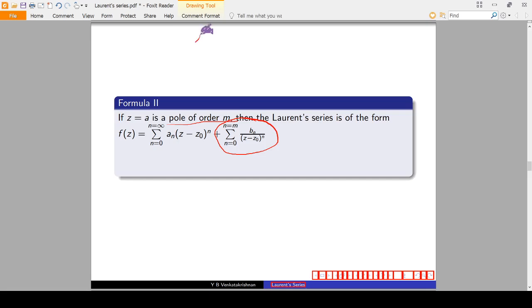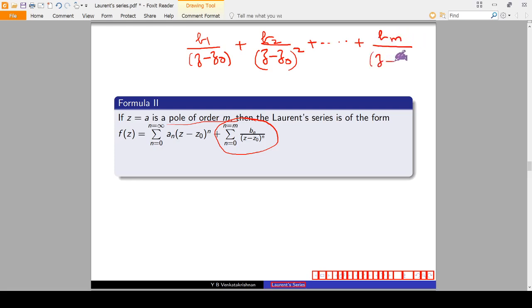The principal part will contain b1 by z minus z0 plus b2 by z minus z0 whole square, plus so on. The last term would be bm by z minus z0 whole power m, and of course you have here summation an z minus z0 whole power n. And this will be your f of z.